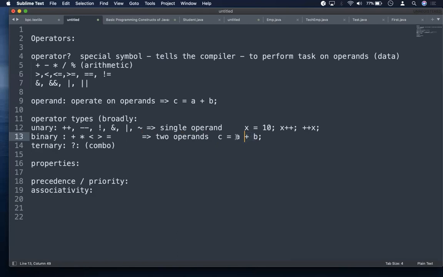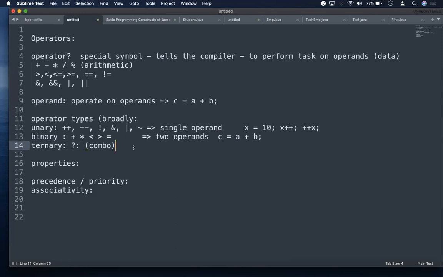This plus requires 2 operands, a and b, so plus is a binary operator. It always requires 2 operands. Once it is calculated, I have the equal to operator. This is assignment, which also requires 2 operands, c and this a plus b expression. So in order to operate, 2 operands are required for binary operators, and almost all operators are binary.